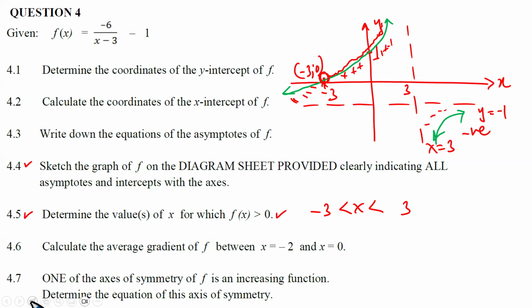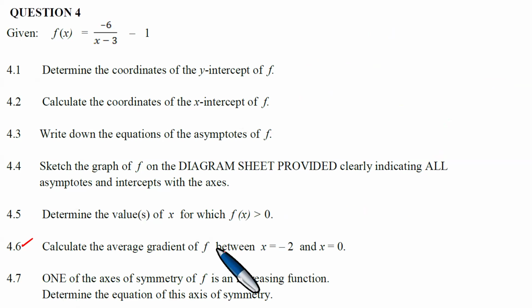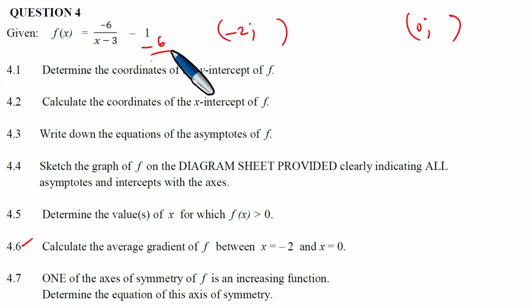4.6, you need to be able to calculate the average gradient. Calculate the average gradient of f between -2 and 0. So at this point, you have -2 for x and you have 0 for x. And therefore, when x is -2, you put it here in the place of x. So you have this one.